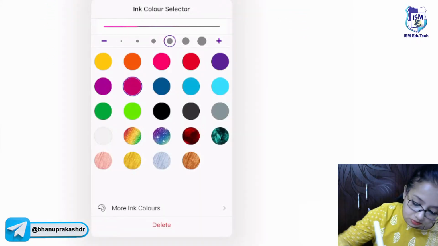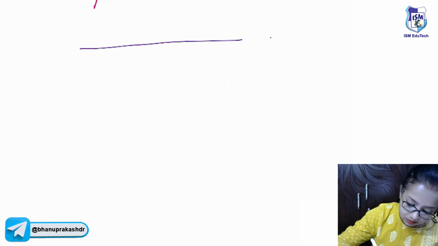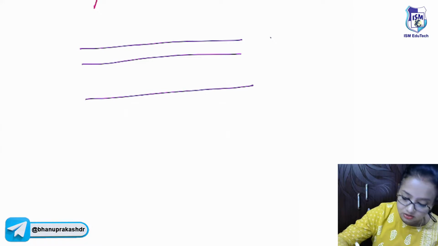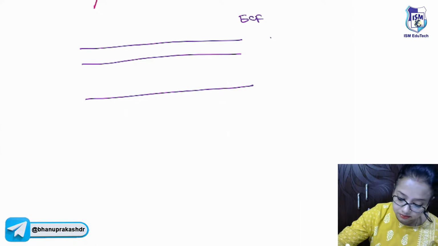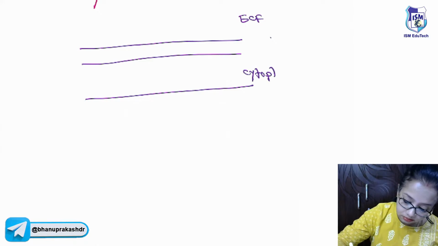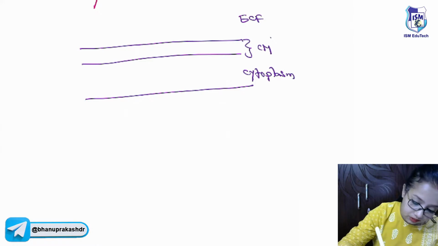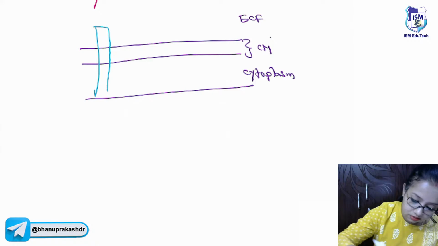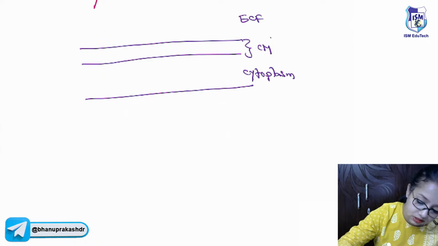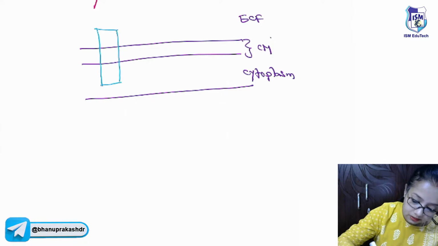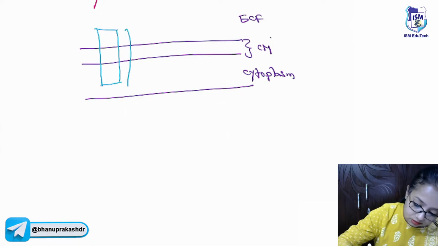Okay, to summarize, if we draw the examples, it will be something like this. So, this is our ECF. This is our cytoplasm. And this is the cell membrane. This is an importer.